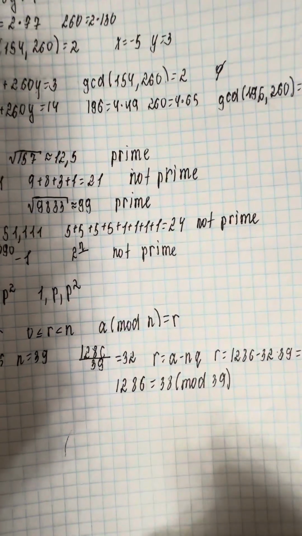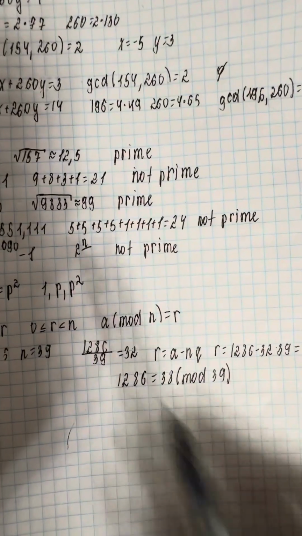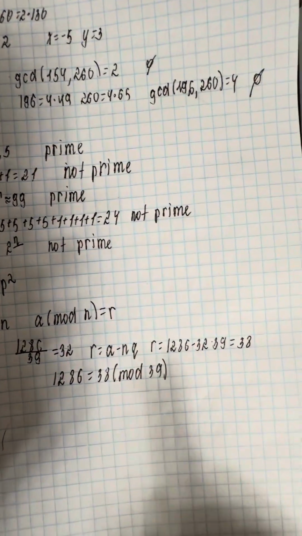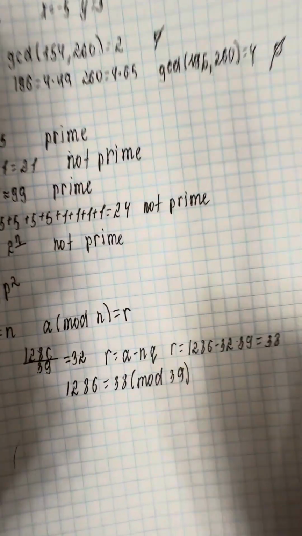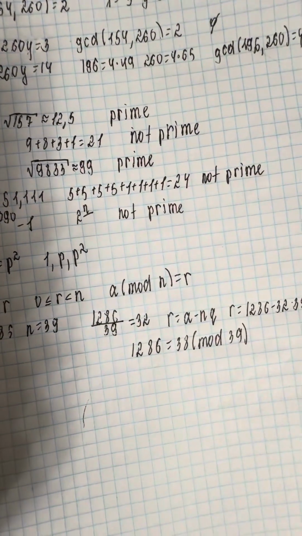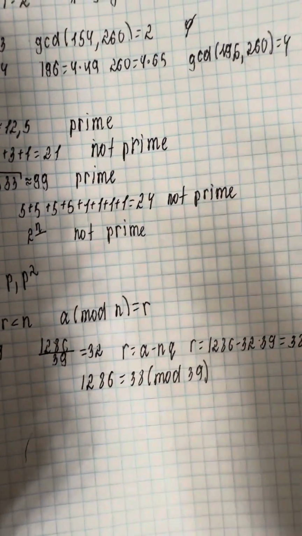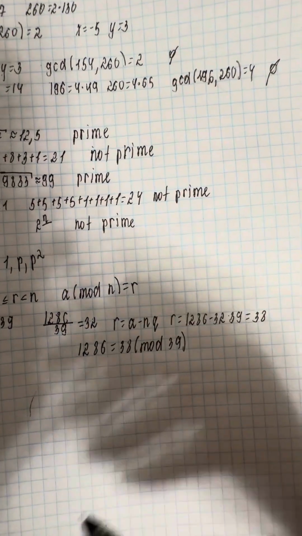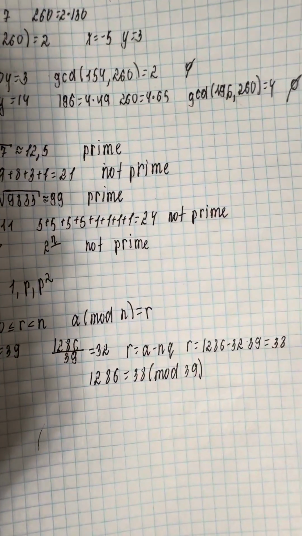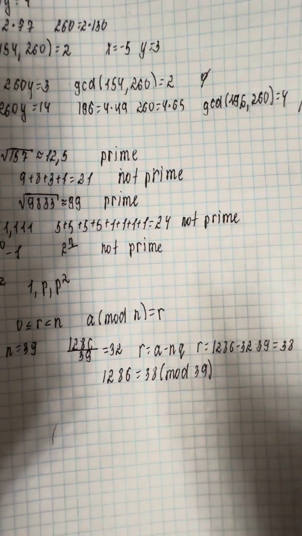We divide it and have q equal to 32, and after this we find the remainder is 38, and so the result modulo 39 is 38, and this is the answer.